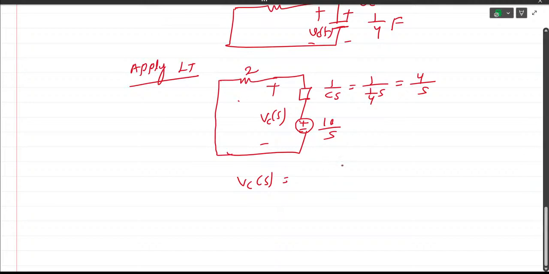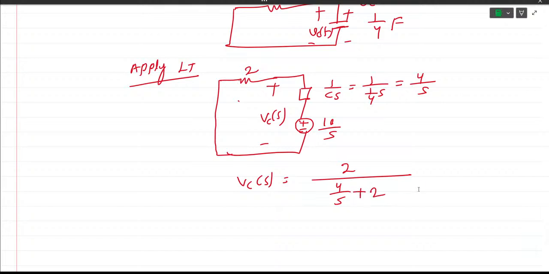So potential division: 2 upon 4 upon s, this is the transformed impedance, plus 2, into the voltage source, the transform of the initial voltage, 10 by s.